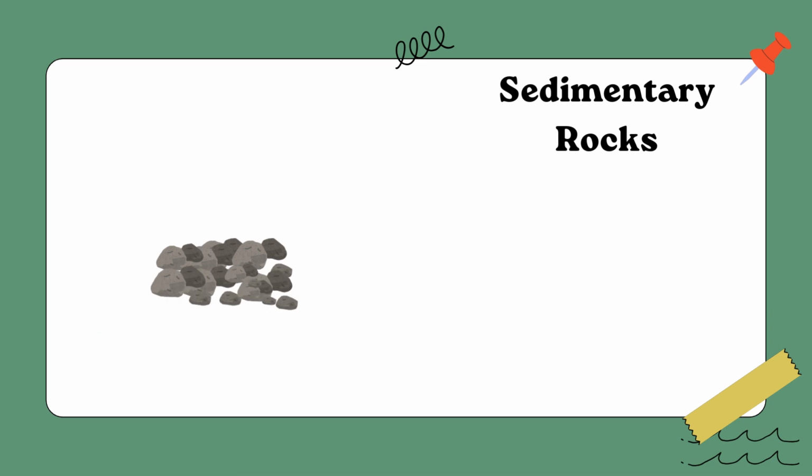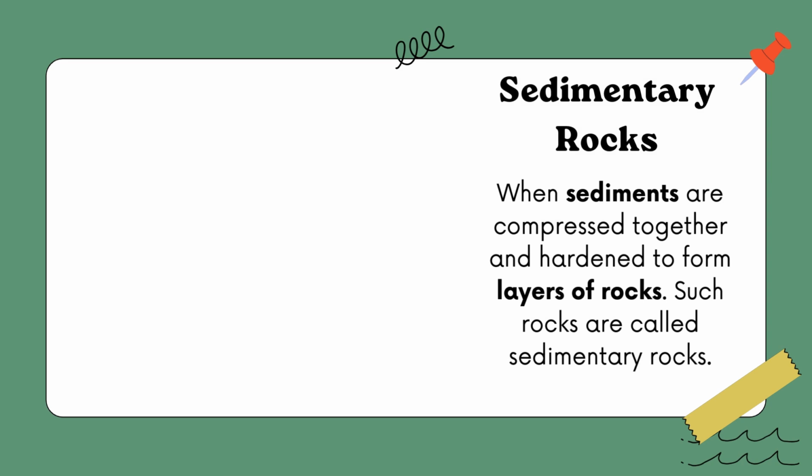Then these sediments are transported because of weather conditions like wind or water, rain or things like that. They are transported and then they are compressed and hardened to form layers of rocks.